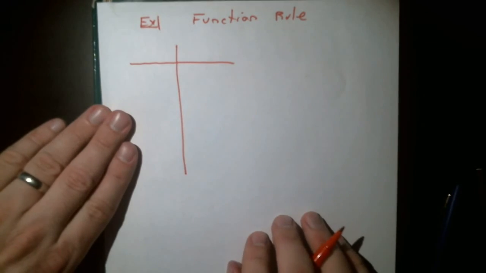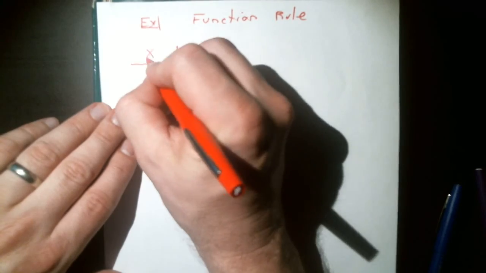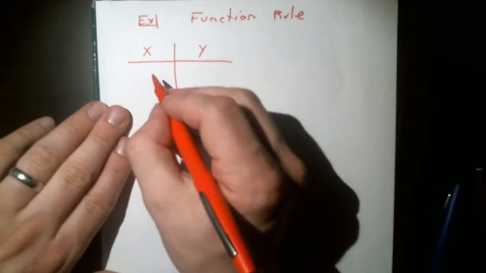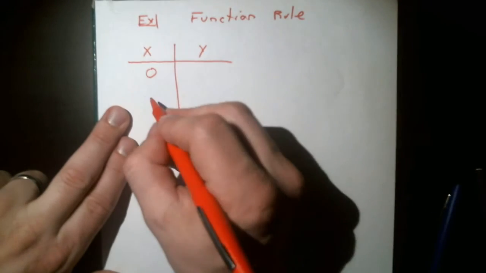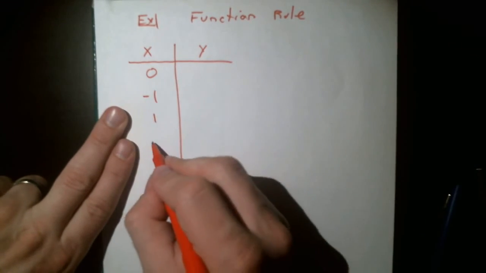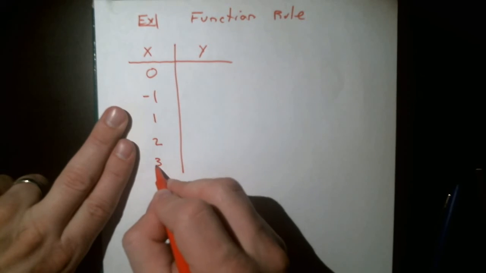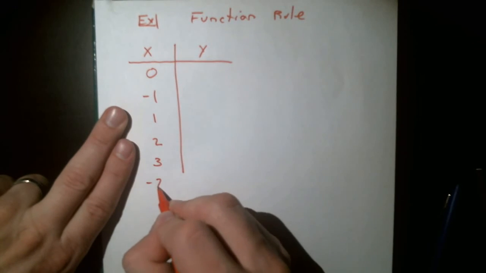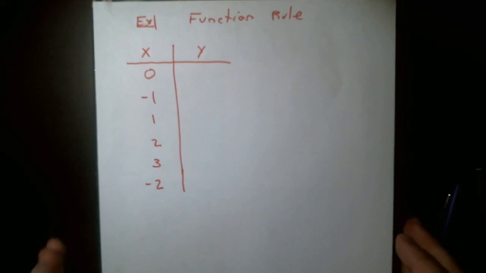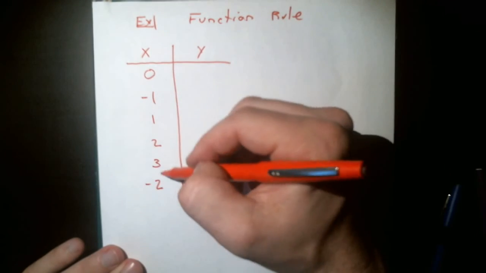Okay, so do this, please. You have your x, you have your y. I'm going to put 0, -1, 1, 2, 3, and -2. So I have my inputs.